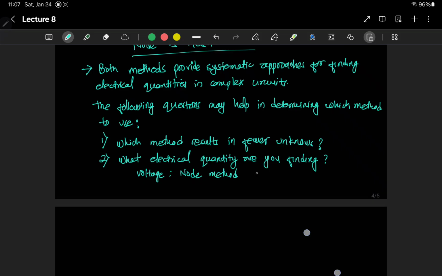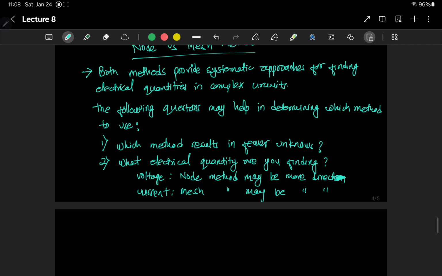That depends on the number of steps and the complexity. The node method may be more direct if you are trying to find the voltages, that is the ultimate subject of interest. If you are trying to find current, the mesh method may be more direct.